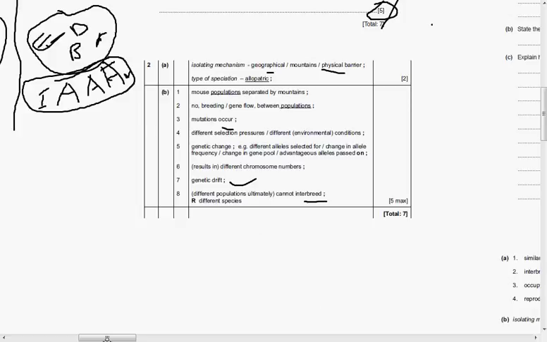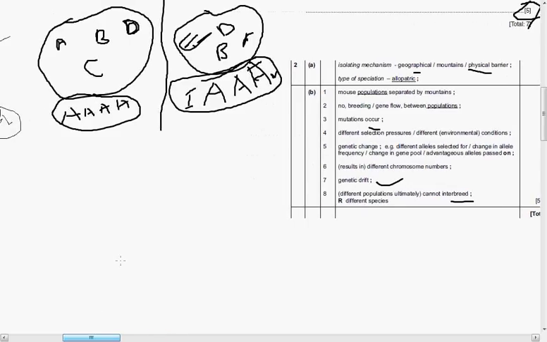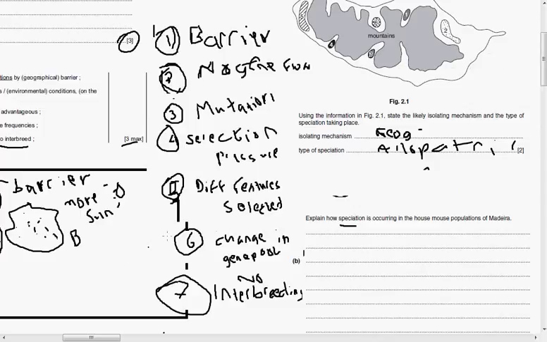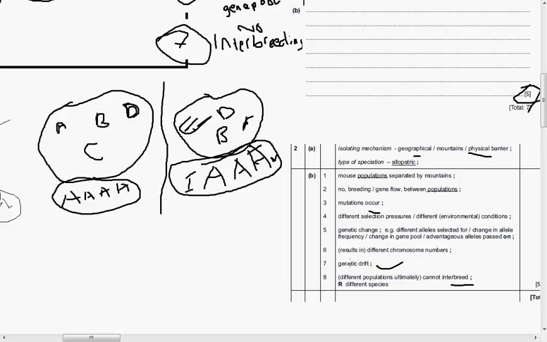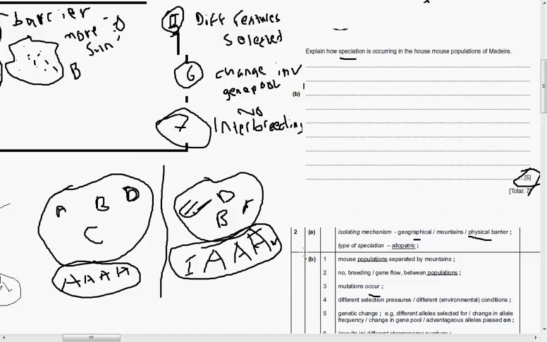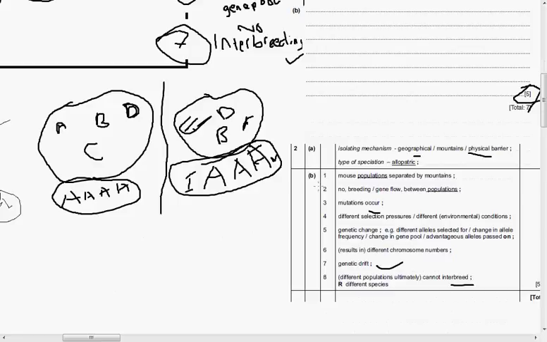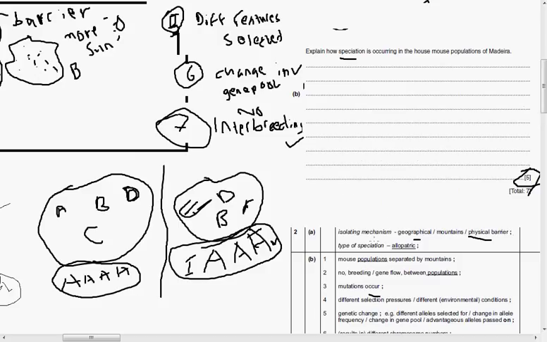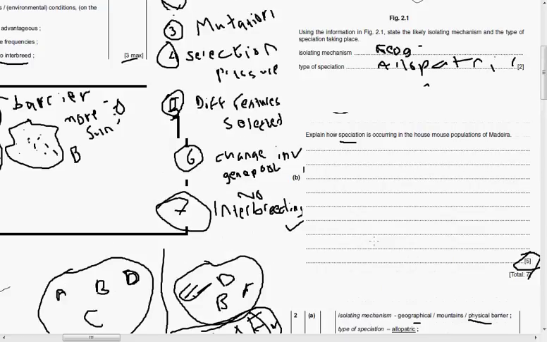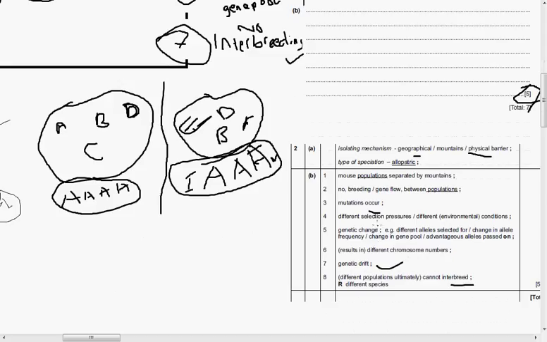So these are the same points actually, just in different wording. The wording genetic change means change in gene pool. Genetic drift is not given, but it comes under here. And then there is no interbreeding, there's genetic change, there's different features selected for, and different selection pressure.